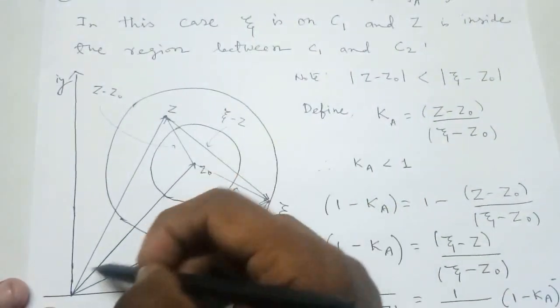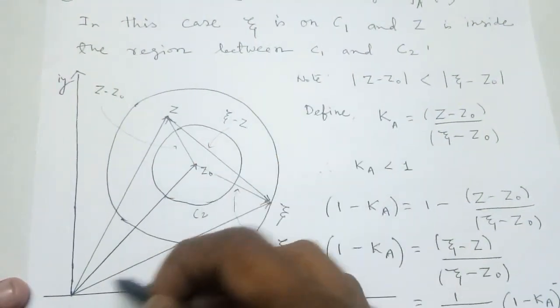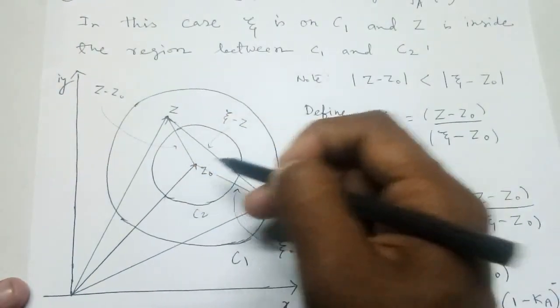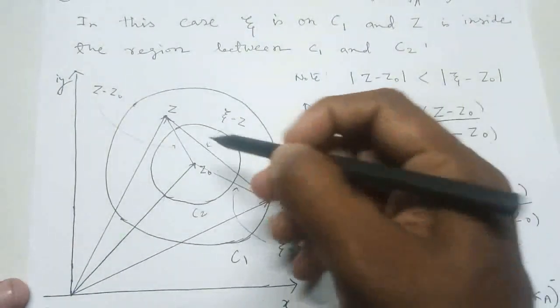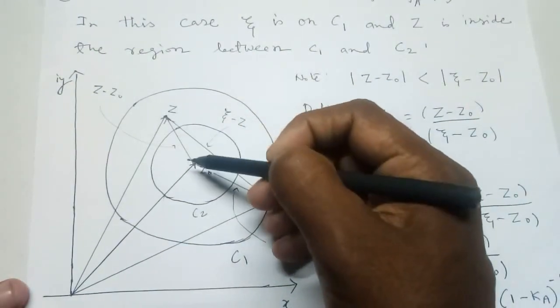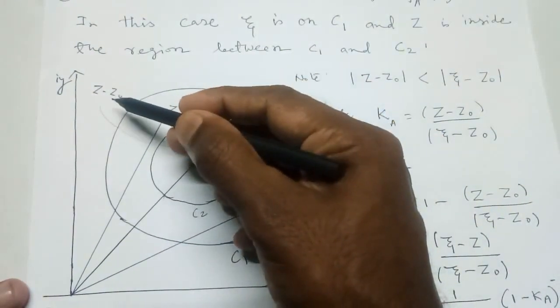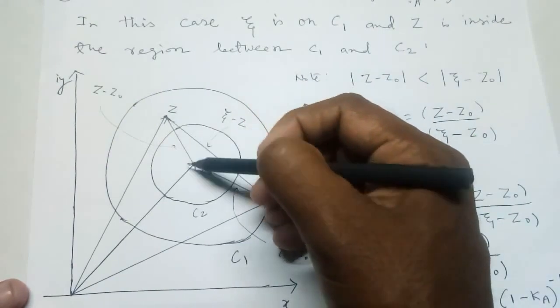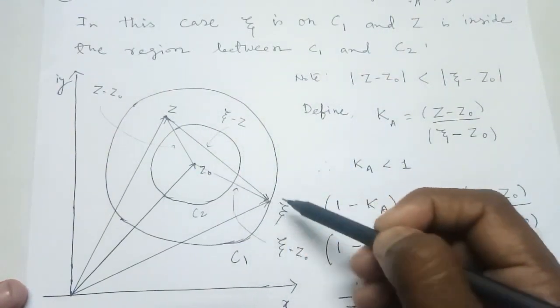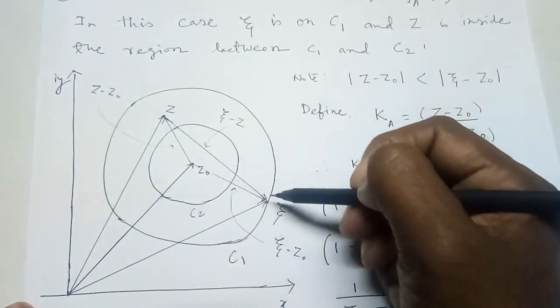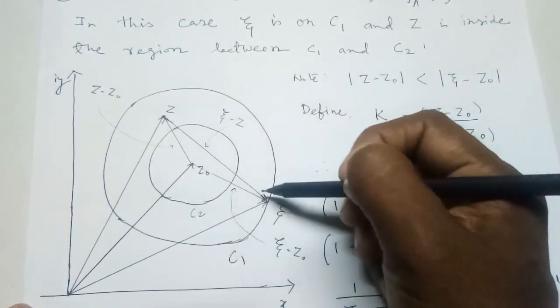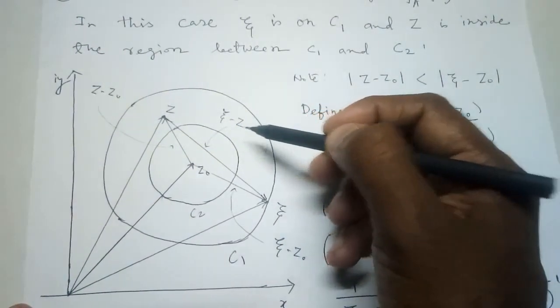We can draw the position vectors of these 3 points z, z0 and xi, and we can see the differences. These differences are termed as z minus z0, this length, and this difference is termed as xi minus z0, and the difference between these 2 points is termed as xi minus z.